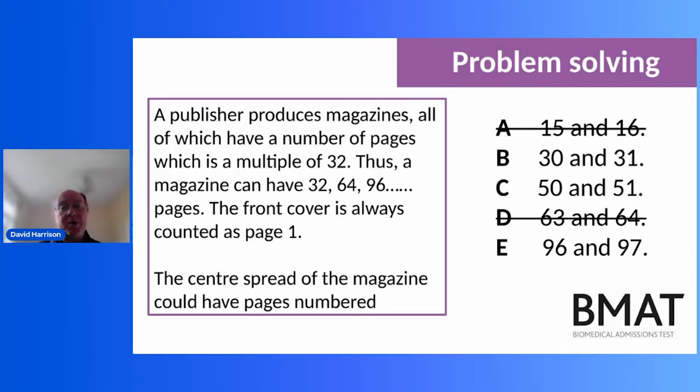So it's going to be multiples of 16. And looking at the options, both B and C, the numbers there are not going to be multiples of 16. So we can eliminate those and get to our correct answer of E, 96 and 97.